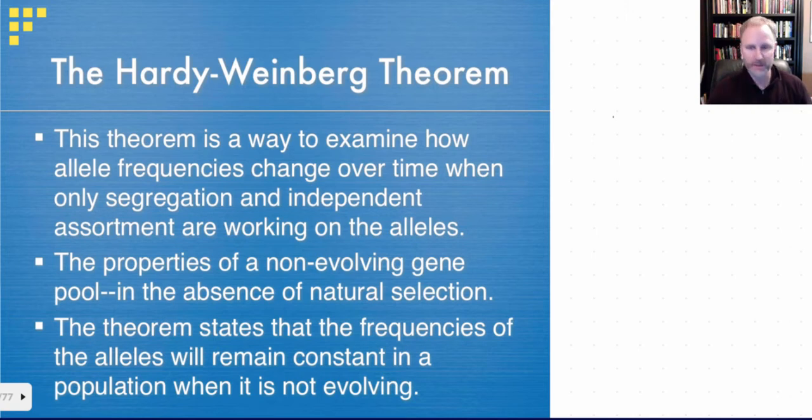And we talked about the reasons why, of course, this doesn't happen, and we'll revisit that in a minute. But what the Hardy-Weinberg theorem is doing is explaining a non-evolving gene population. These frequencies of the alleles should not be changing, and if they are changing, then evolution is occurring for one reason or another.